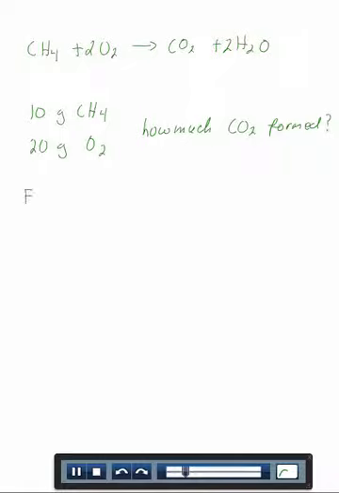So first we'd have to find if there is a limiting reagent. Now remember, we start with grams. The balanced equation counts number. So we'll have to convert from grams to number.